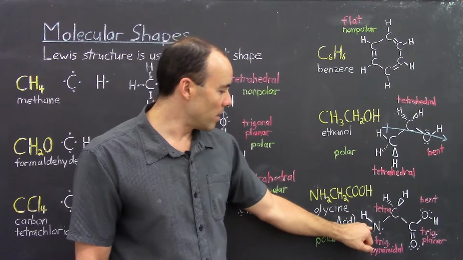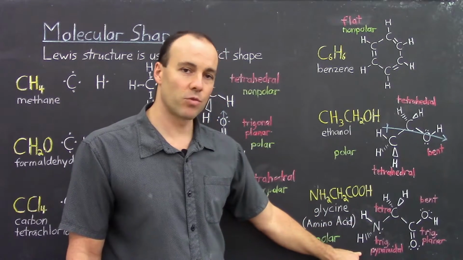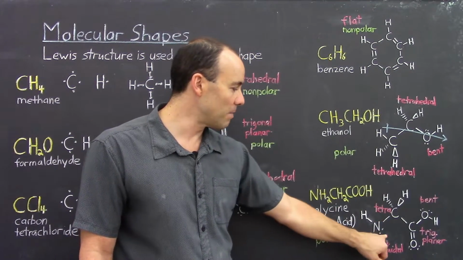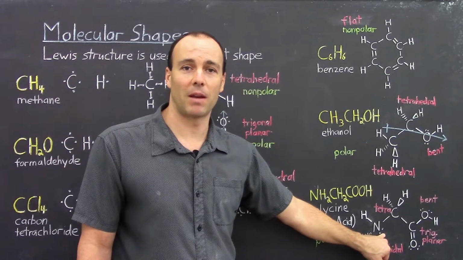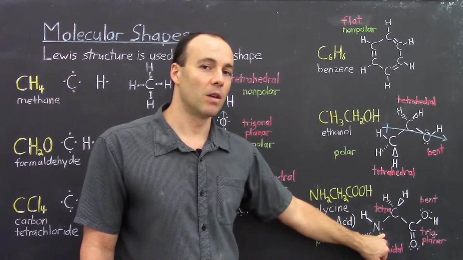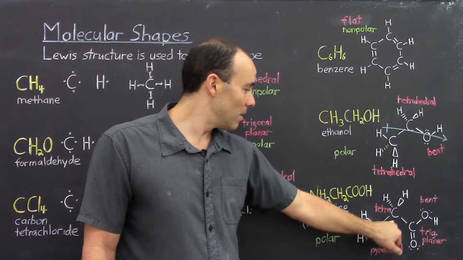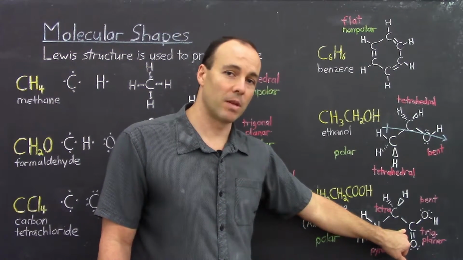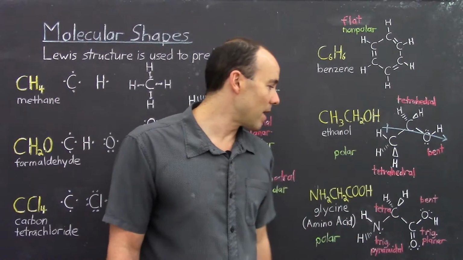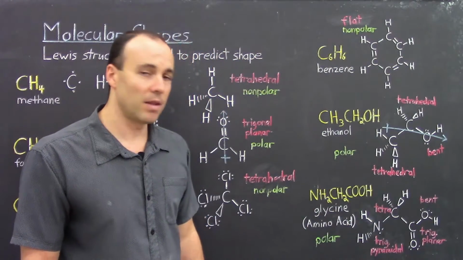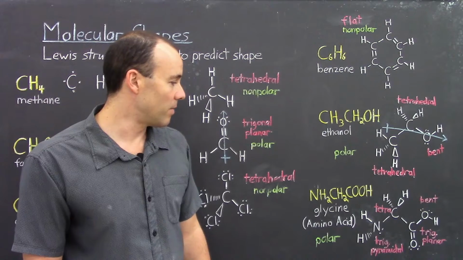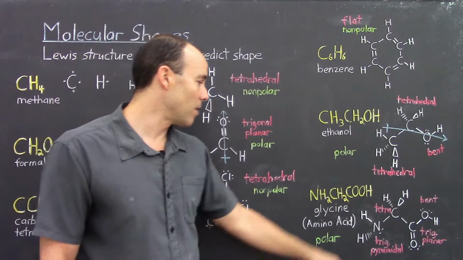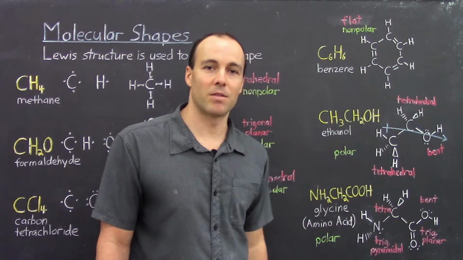Your nitrogen has what's called the trigonal pyramidal structure, and that's like a tetrahedral structure except one of the positions is occupied by a lone pair, so it ends up being trigonal pyramidal. This is a tetrahedral carbon, a trigonal planar carbon, and then a bent oxygen. This is definitely a polar molecule. You have several electronegative elements here, your nitrogen and your two oxygens.